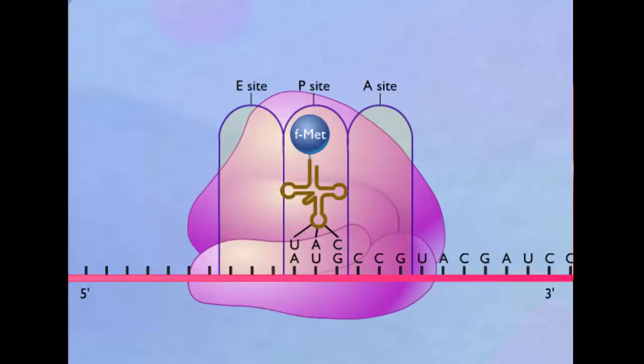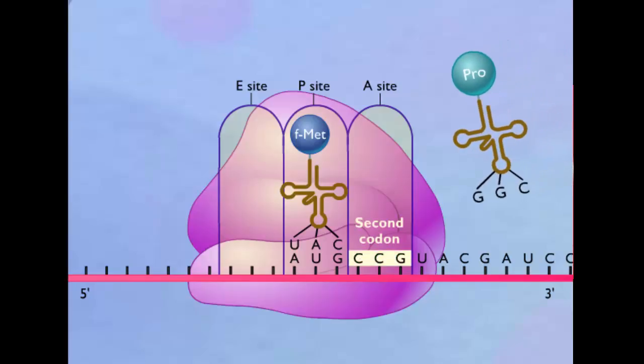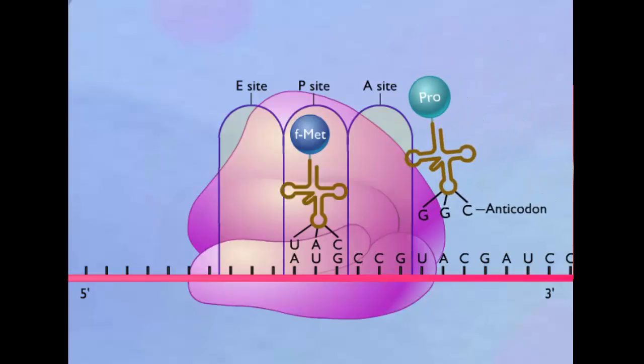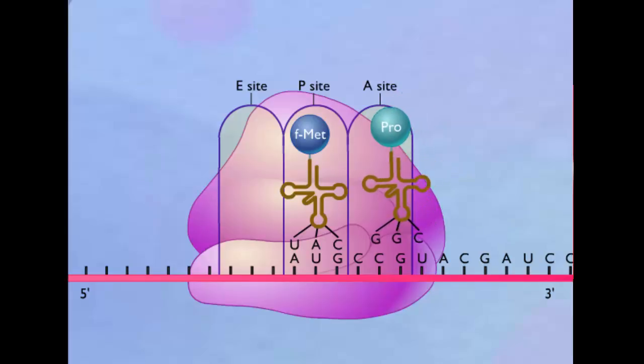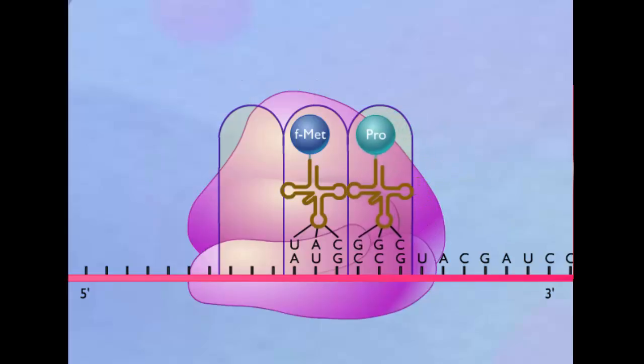The initiating transfer RNA carrying formal methionine binds to the P site. A transfer RNA that recognizes the next codon and carries the second amino acid then moves into the A site. The formal methionine carried by the transfer RNA in the P site is then joined to the amino acid carried by the transfer RNA that just entered the A site by a peptide bond.